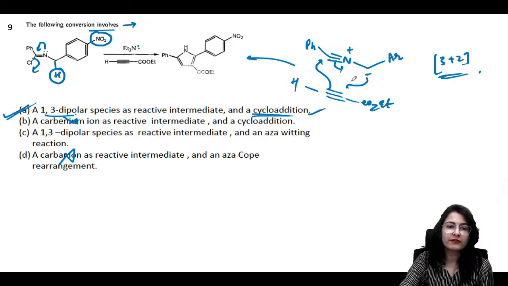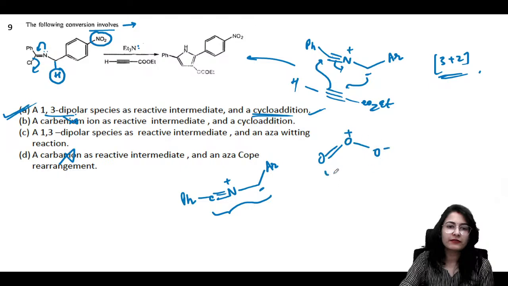How is it 1,3? See, whenever you have a reaction possibility for three different centers which are written like this. This is a Ph. There is a triple bond. It is actually a cyanide, but it is also not a cyanide because here there is a negative and here a positive. So actually these three are reacting. Whenever you look at ozone, oxygen has a positive charge and this one has a negative charge.